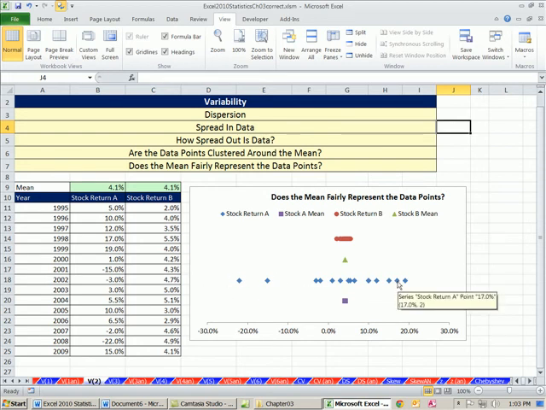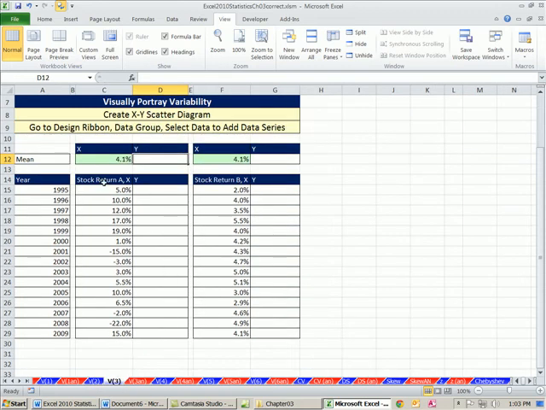Because remember, what is an XY scatter? It's out a certain amount and up. So every single one of these is out, and the same number for the Y every single time. So we could do 1, 2, 3, 4, or 0.5, 1, 1.5, 2, whatever we want. So let's go over to this sheet V3, and I have our returns for A.